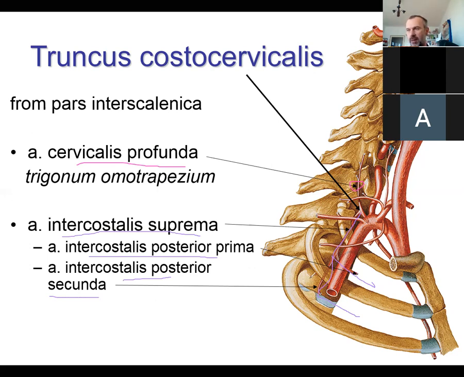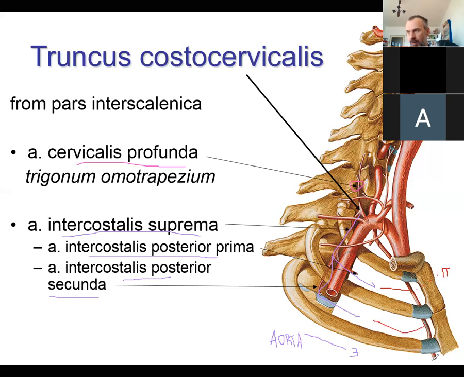Why not the third? The third is supplied from aorta. Yeah, here the branches are branches from aorta. So the aorta gives the third one. And of course, there are connections with the internal thoracic. Yeah, this one is internal thoracic artery.